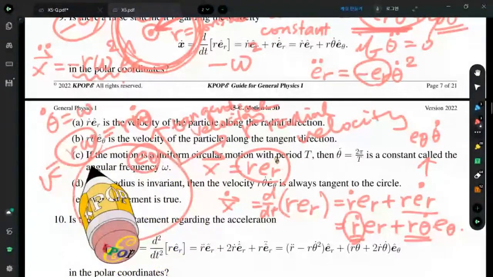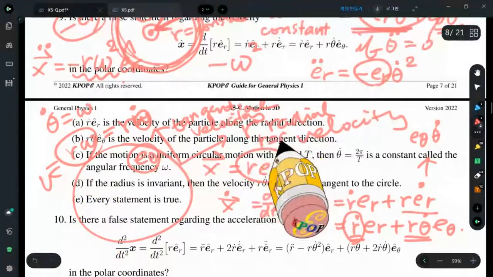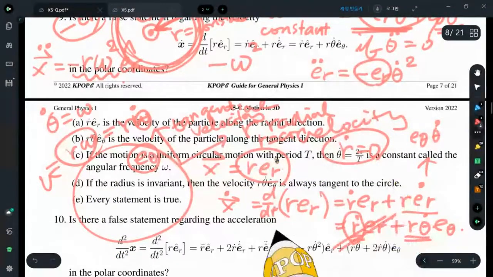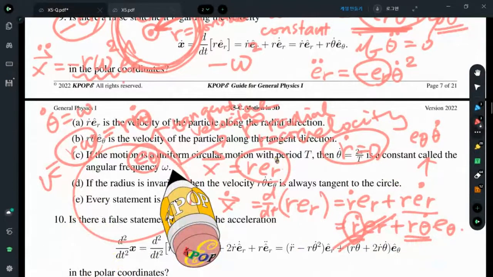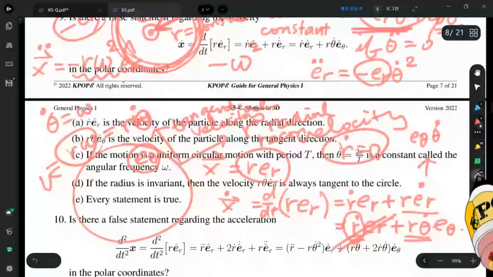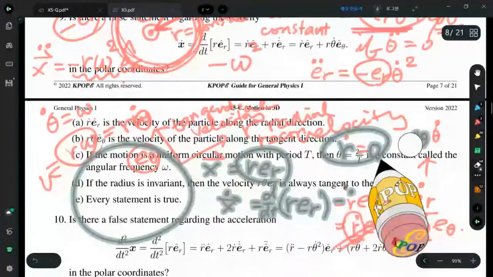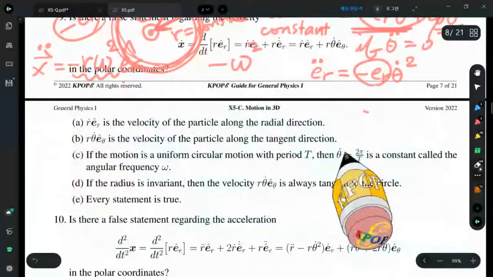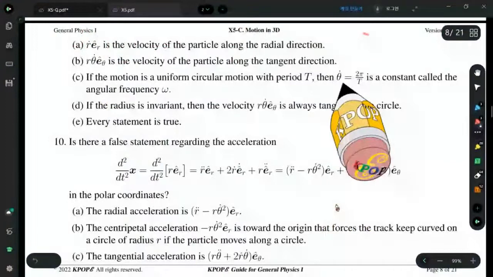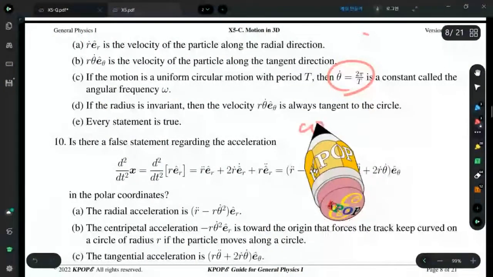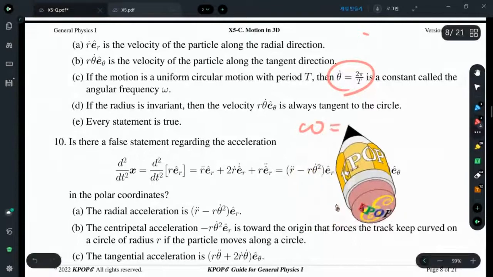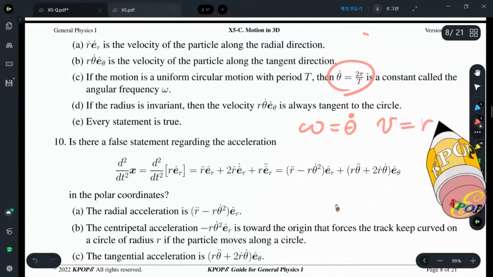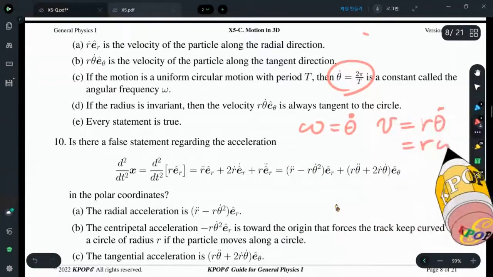So in uniform circular motion, r is constant, so r dot equals 0. So radial velocity disappears in a circular motion. In the circular motion, omega equals theta dot. Okay, v equals r theta dot, which is r omega.